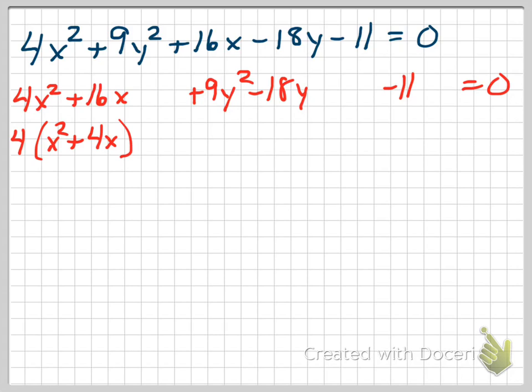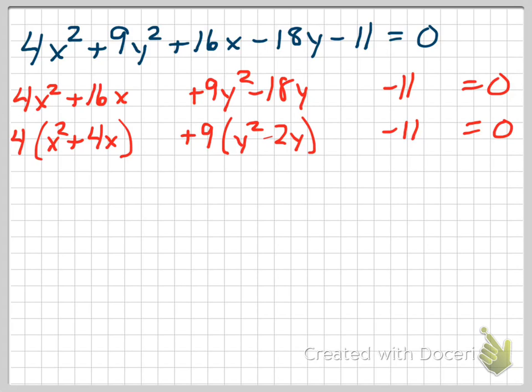And for the y's, I'm going to take out a 9. And the rest of it's just watching. All of the steps in this you've done before. It's just a matter of putting it together. Now we have to add something in the x parentheses.